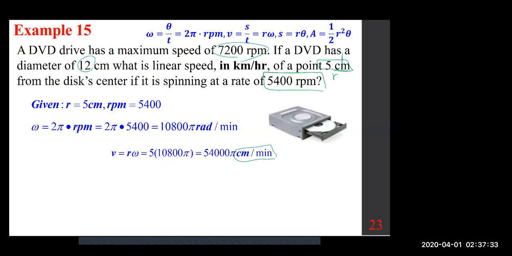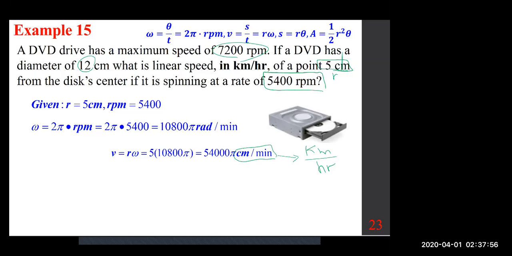Now, we can leave it as that if we haven't been asked to change it. But normally we don't represent it in this format. Let's give everybody a moment to figure out how we would use the transformation of units to get to kilometers per hour.